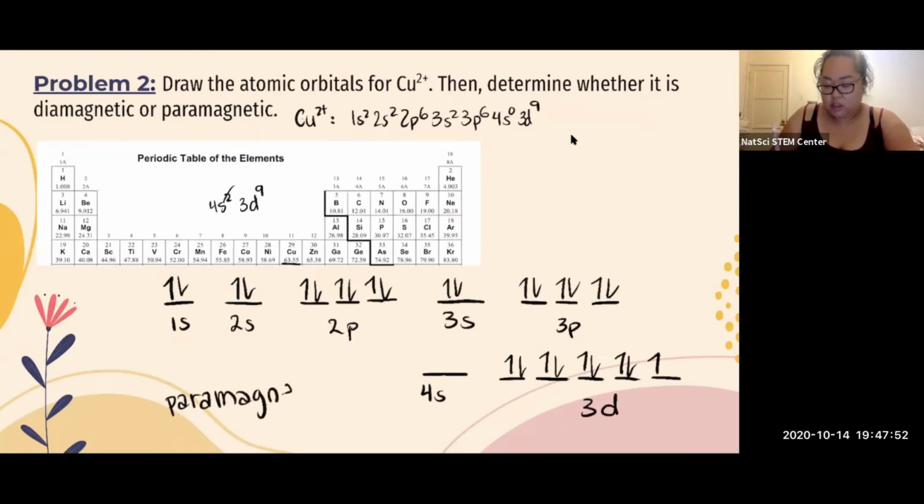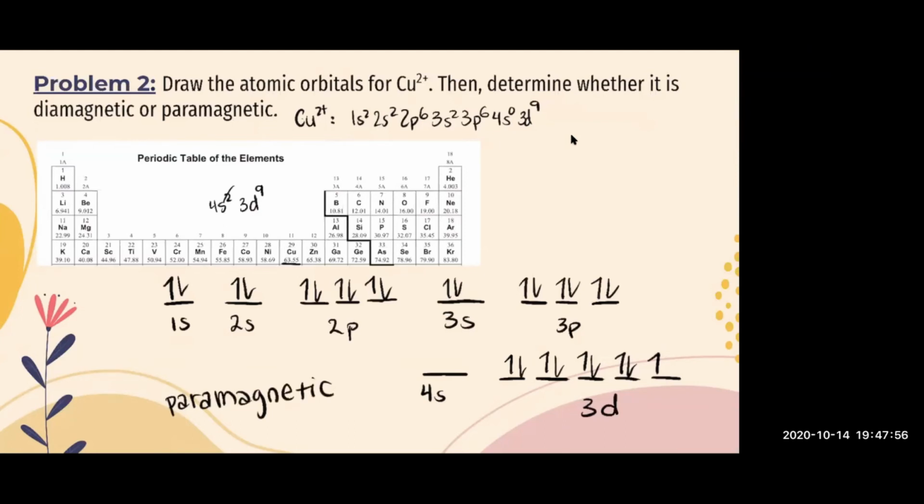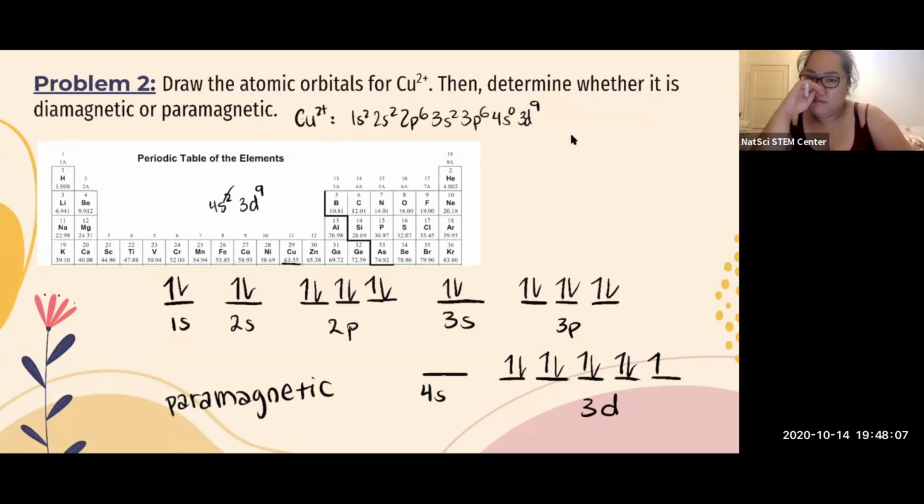Did you have any questions on this one? I have a question. My initial thought was that I pulled from the 3d first because it was already not full. Do you know what I mean? Yeah, that's the tricky thing, because you'll pull from the 4s because it's your outermost.